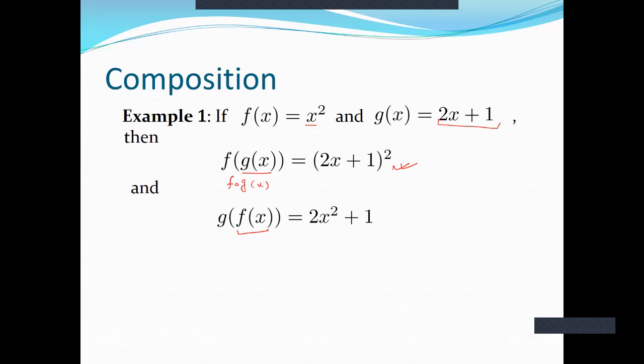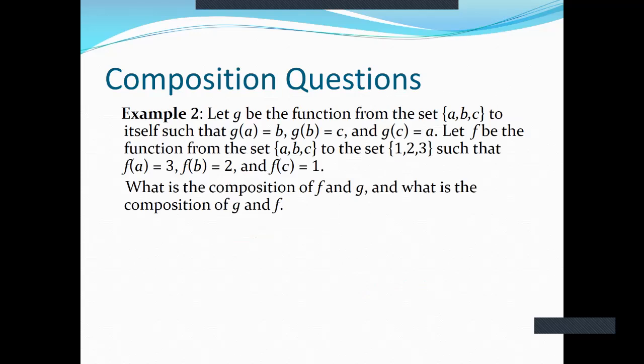So 2x square plus 1 will be the g of f of x. So one conclusion here is f of g is not equal to g of f. They both have different meanings. All right, clear. Next, let's take one example.